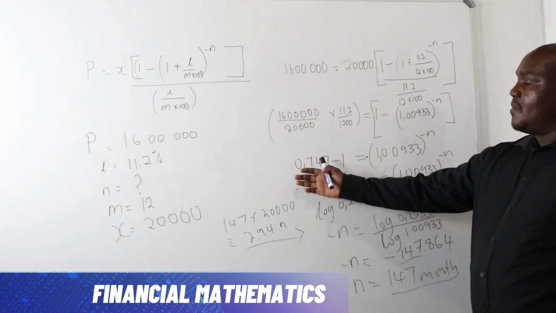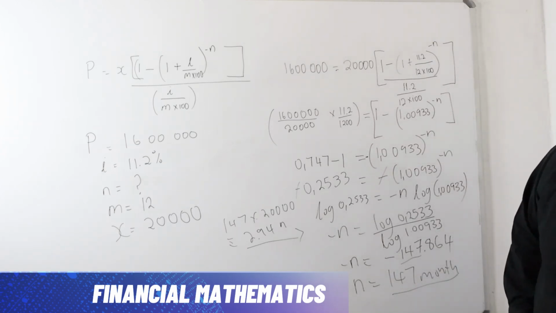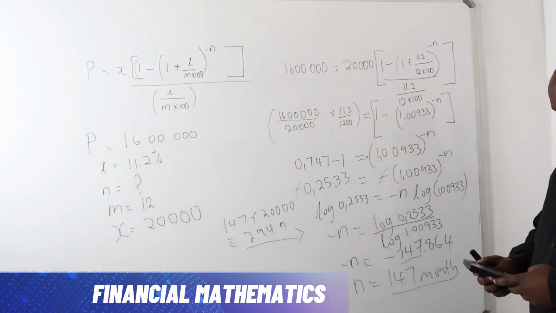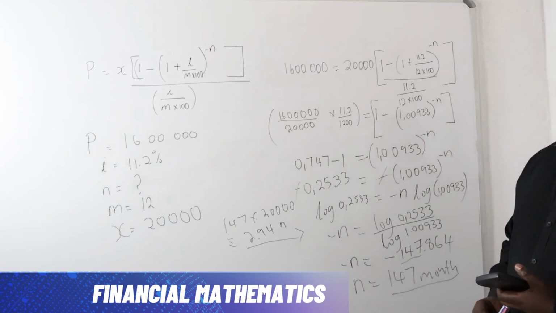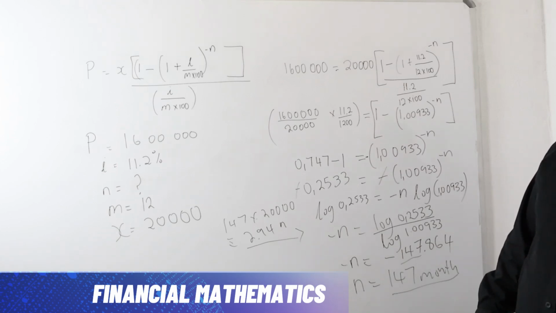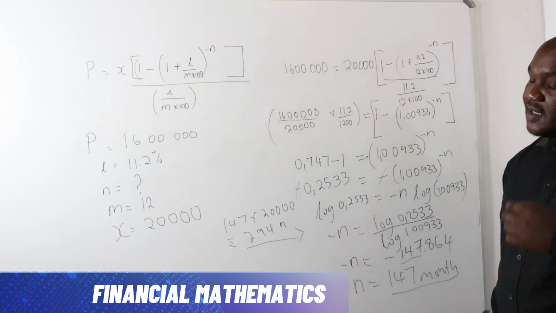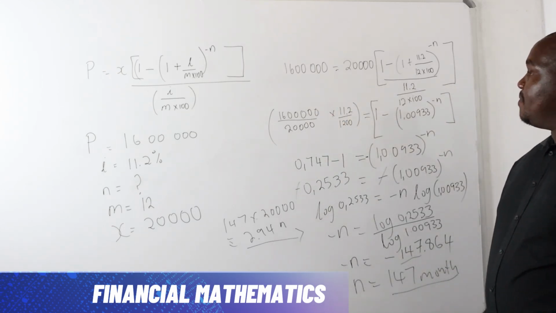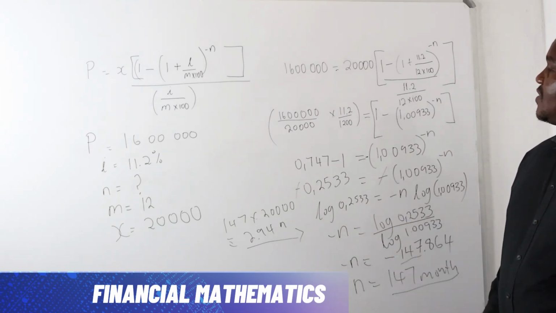But not forgetting that money loses value as time goes on. 147, very interesting. 147 months is also equivalent to 12.25 years, which says for 12.25 years, this guy will be withdrawing 20,000 every month from the 1.6 million that he initially invested, at an 11.2 interest rate.